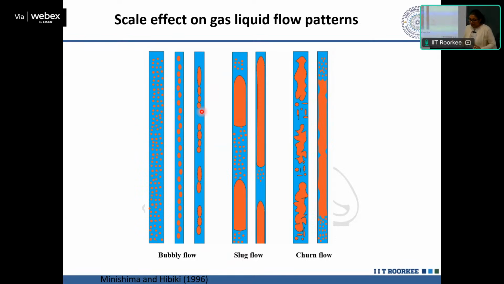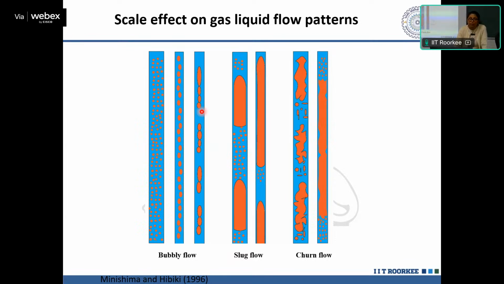Similarly, in the slug, we have seen a slug followed by small drops in the liquid bridge. From the tail, some drops are detached and form that kind of dotted droplets, and they are gradually becoming longer.